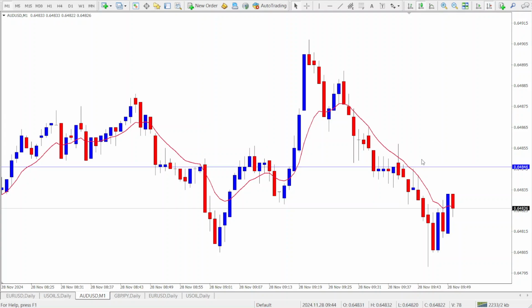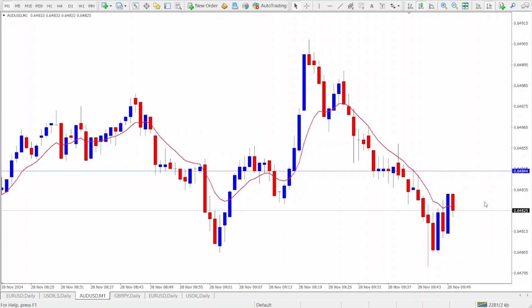This makes them incredibly useful for spotting trends, determining support and resistance levels, and even identifying potential entry and exit points. While all moving averages serve this purpose, the way they are calculated can vary, and that's where the different types come in. So let us explore them one by one.